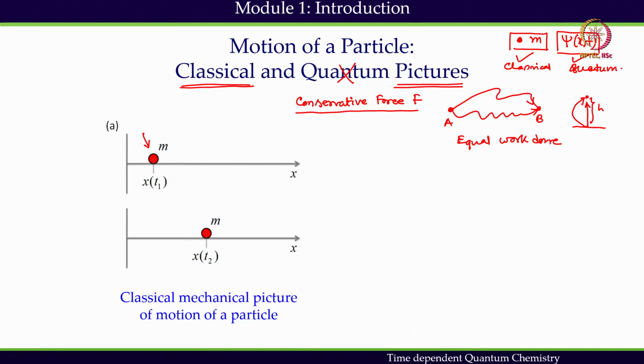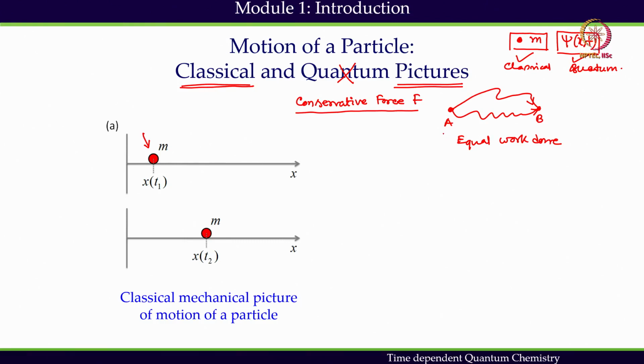And this kind of energy, when the energy of a particle subjected to a conservative force depends only on its position, not on the path taken by the particle to reach that position, this energy is called potential energy.